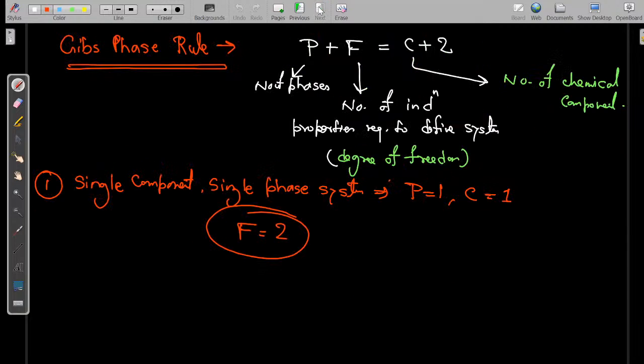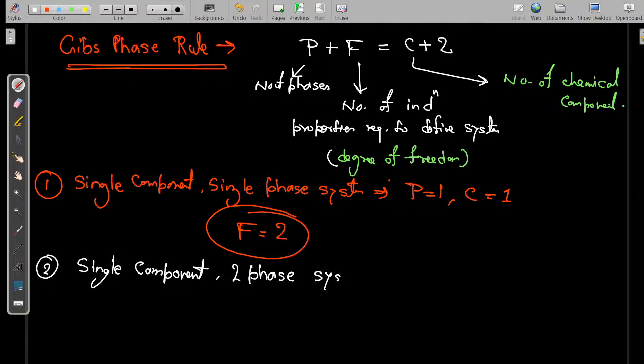Okay. Similarly, if we talk about second, single component, two phase system, that means number of phases are 2. This is clearly written, two phase system.